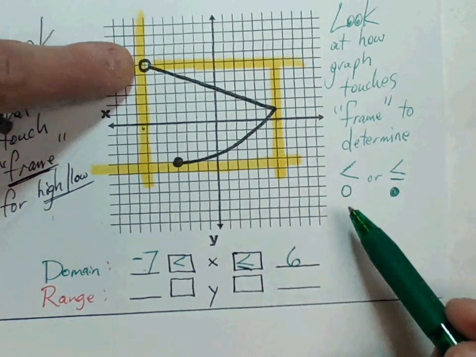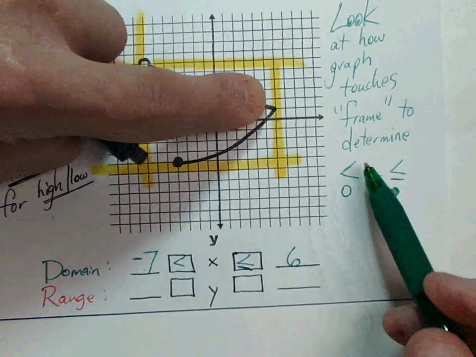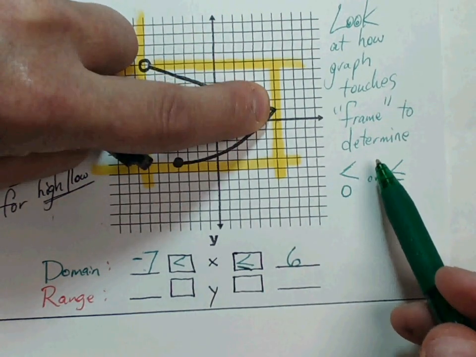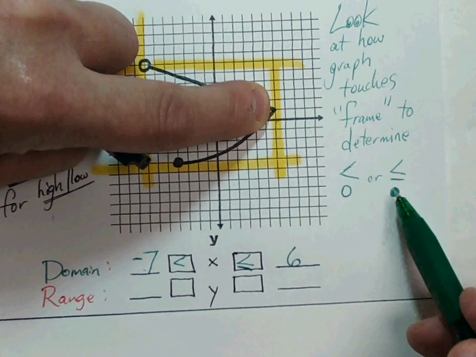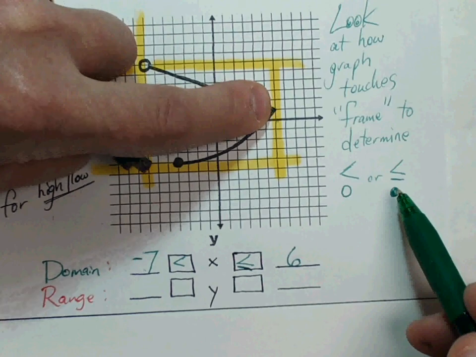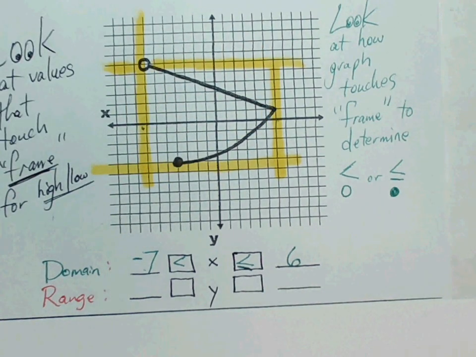So over here, the graph was open, so I used the less than symbol. But over here, on the high side of the x values, it wasn't an open circle, it was an actual dot. It wasn't a big one, but it's still closed. So we use less than or equal to.